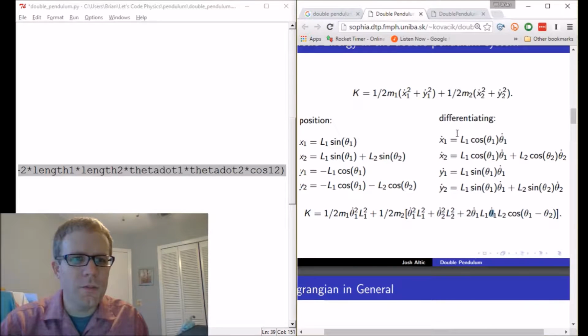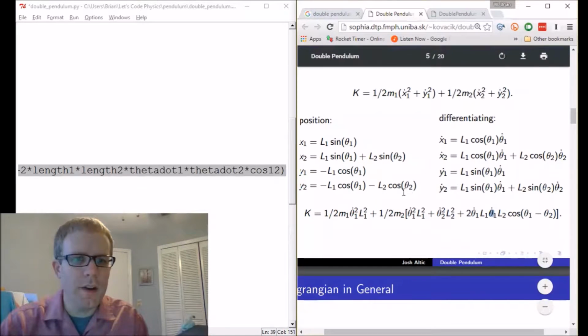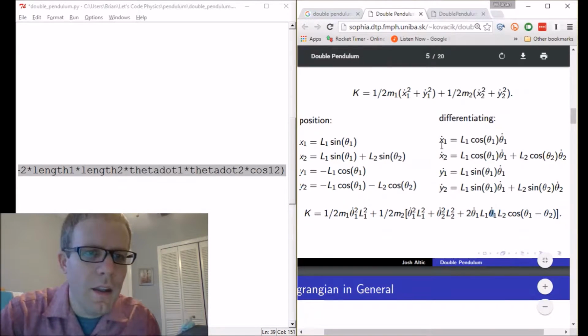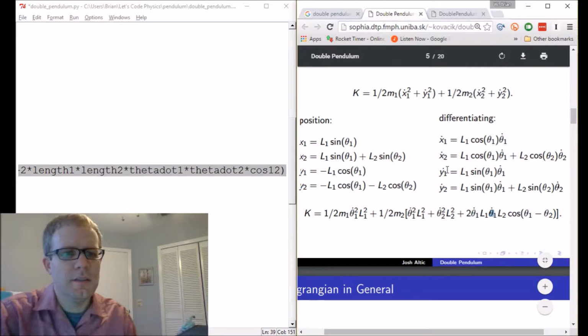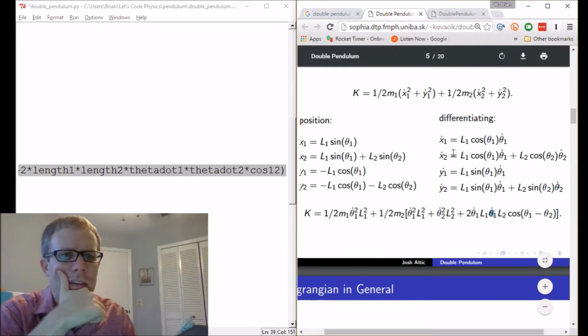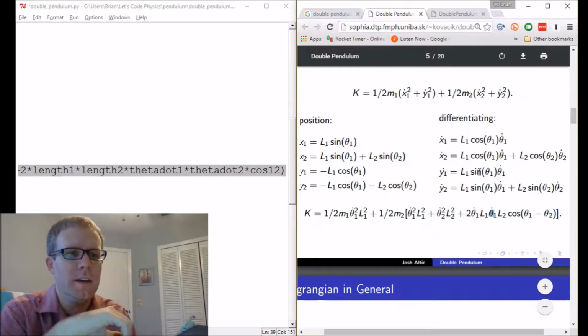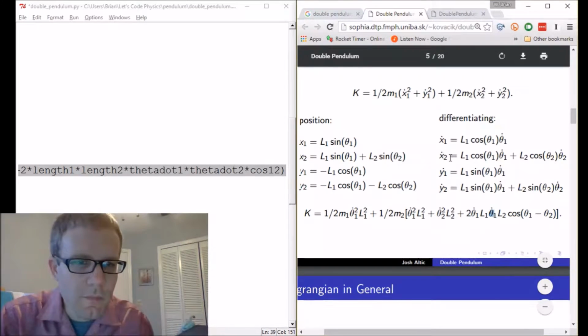So your x1 dot squared and your y1 dot squared is what gives you this thing, right? And your x1 dot squared plus y1 dot squared is going to give you L1 squared. Cosine squared plus sine squared gives you 1. Theta dot 1 squared. So these two added together give you this.